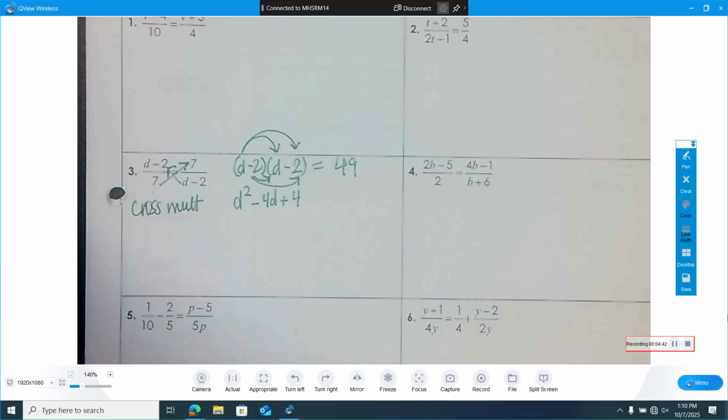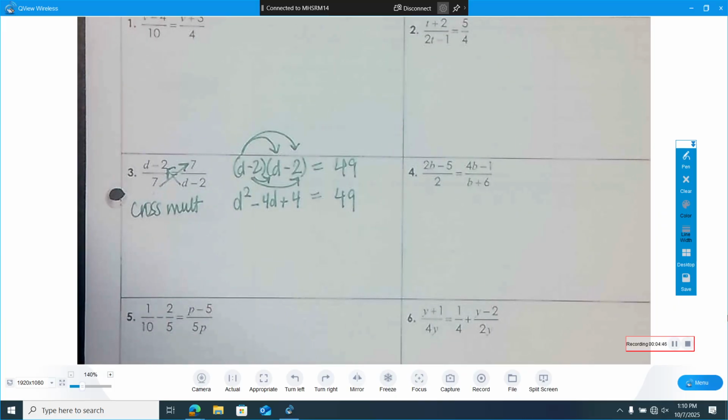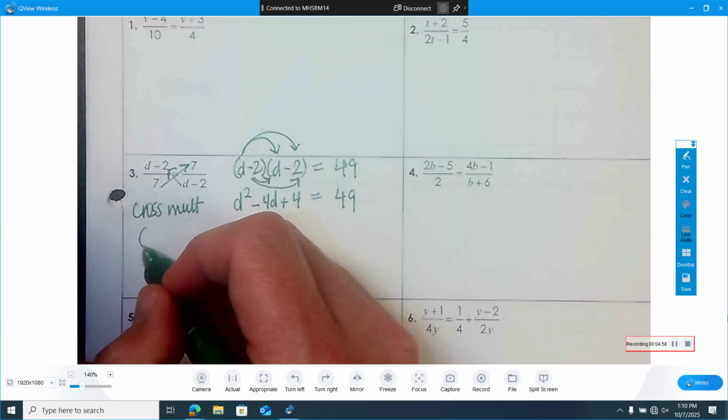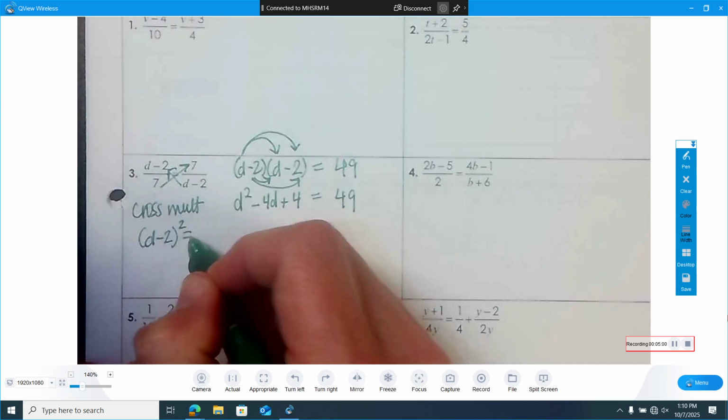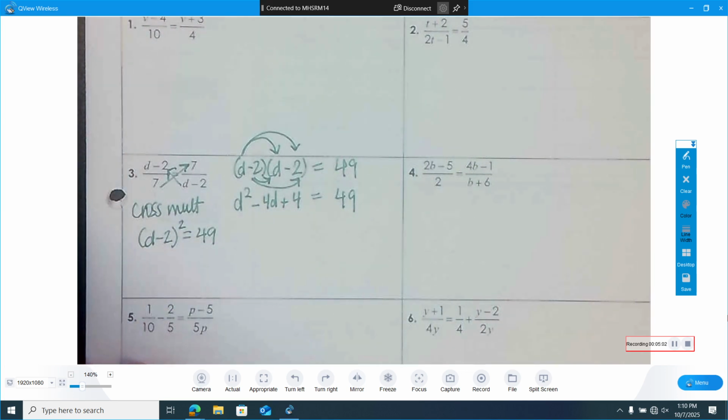So when we FOIL that out, equals 49. Ooh, that was slick. That was really slick. Oh, hey. Wow, d minus 2 quantity squared equals 49. That was slick. All right, what do we do from there?